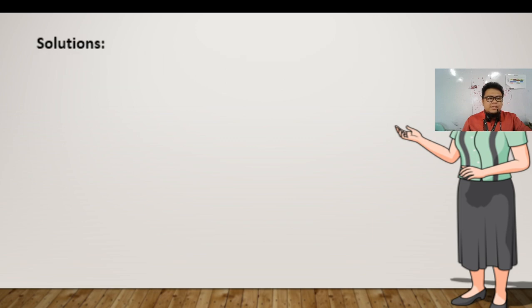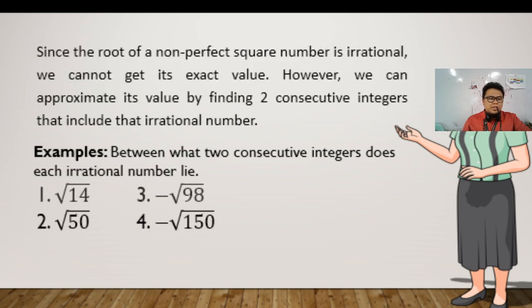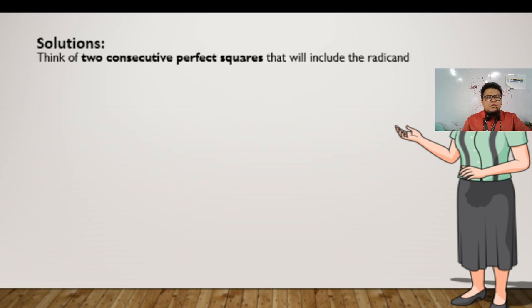The first given is square root of 14. So you are going to look for the nearest perfect square before 14 and after 14. The perfect square before 14 is 9 and the perfect square after 14 is 16.